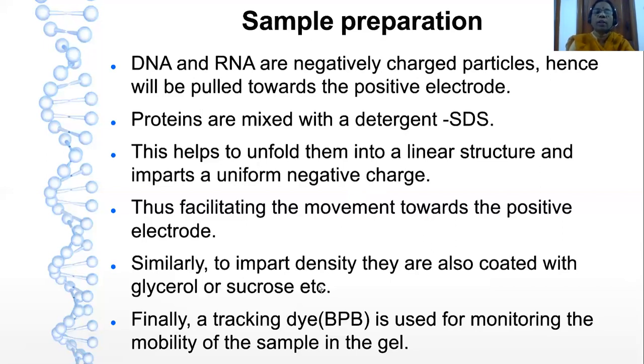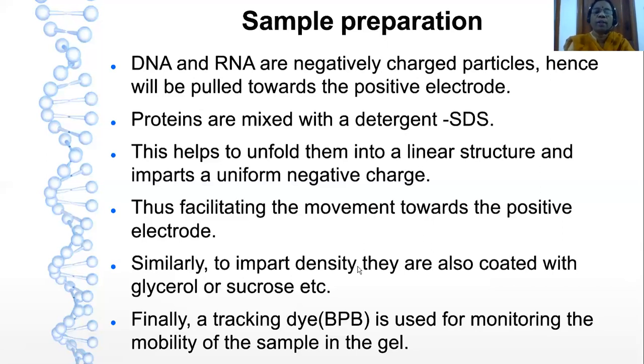Similarly, because we are mixing them in the sample, it also has to have some density so that it settles down and moves downwards and does not go back into the buffer medium.